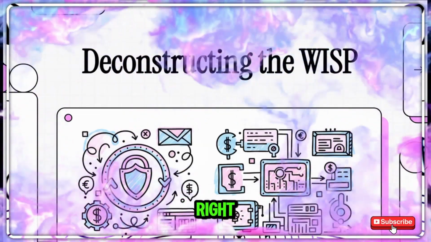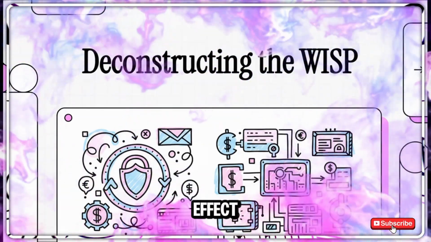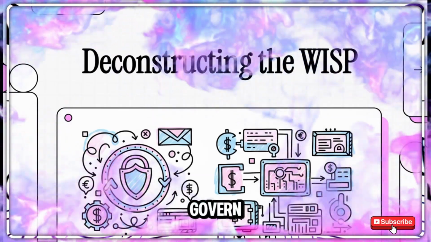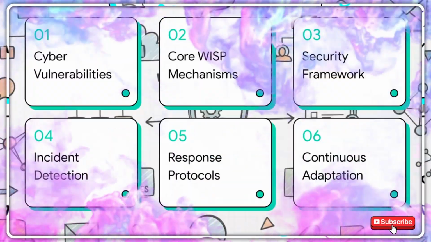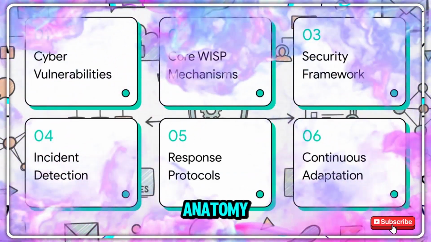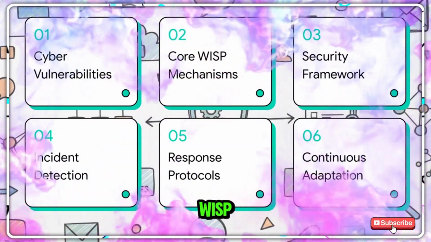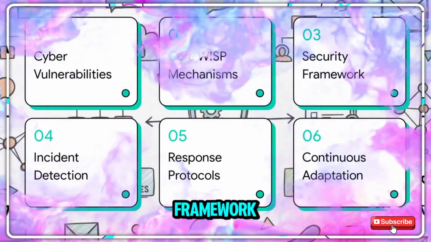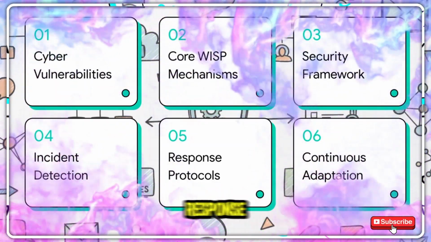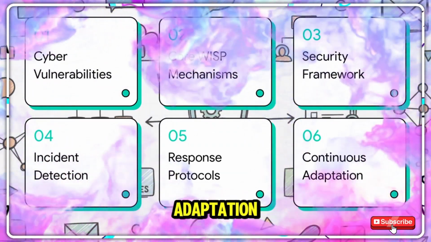So let's just dive right into the core ideas, the mechanisms, and those critical cause and effect relationships that actually govern modern data security. Here's how we're breaking this down systemically today. We're going to cover the anatomy of cyber vulnerabilities, the core mechanisms of a WISP, the essential security framework, incident detection, breach response protocols, and finally, continuous risk adaptation.